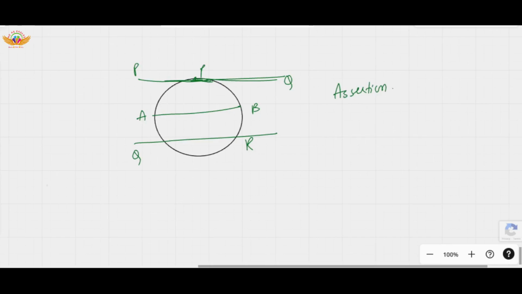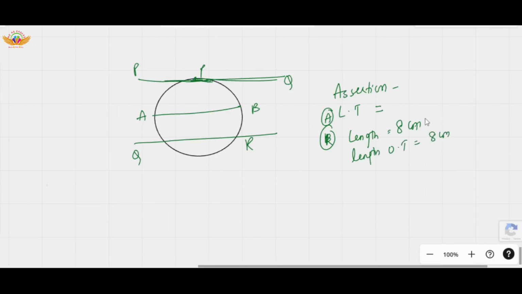For example, if the assertion given is that the lengths of the tangents drawn from an external point are equal, the reasoning might be that if the length of the tangent from an external point is 8 centimeters, then the length of the other tangent will also be 8 centimeters.